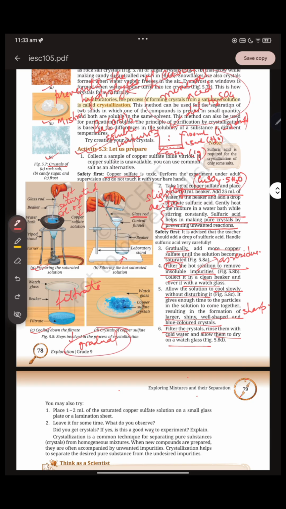When it cools gradually, then you will get the sharp crystals, which you can again obtain by the method of filtration. You can wash it 2-3 times in the funnel only by giving cold water, and in the filter paper you will get these crystals, which you can transfer to the watch glass after drying in the filter paper.